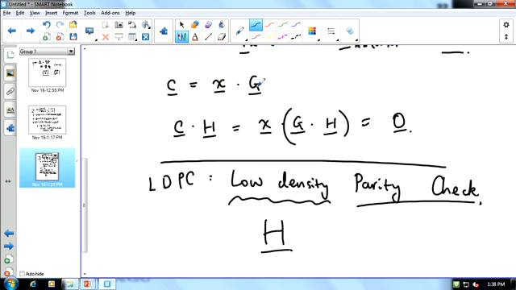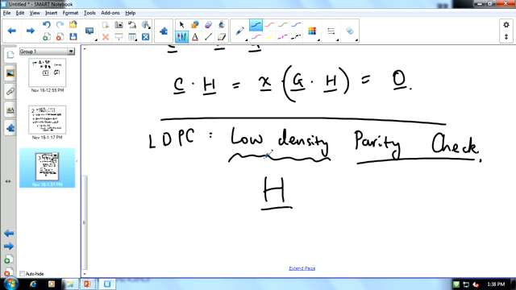Okay, we have the code word, but for the decoding, we can multiply the code word times H, but this will only tell us if there's error or not. It can only detect error, it cannot correct error. Okay, so in order to correct error, we use something called message passing, which I'm not going to go into details in this class.